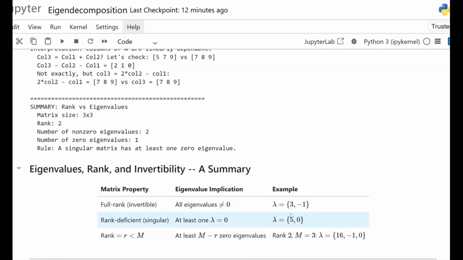For example, the eigenvalues 5 and 0 indicate that the matrix is singular. More generally, if the rank of an m by n matrix is less than its maximum possible rank, the matrix has 0 eigenvalues corresponding to its rank deficiency. For example, consider a matrix of size 3 with rank 2. Its eigenvalues could be 10, -1 and 0. The presence of the 0 eigenvalue indicates that the matrix is singular.